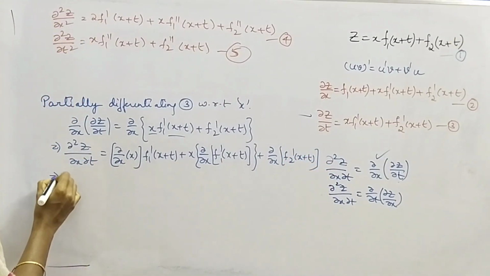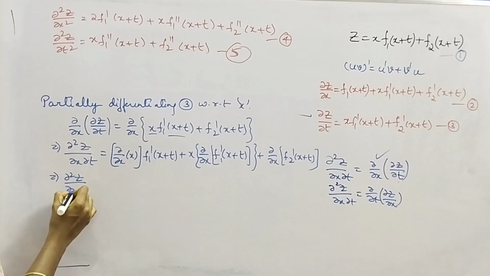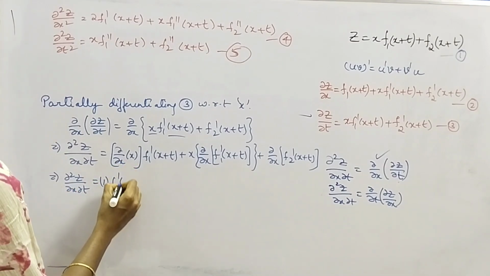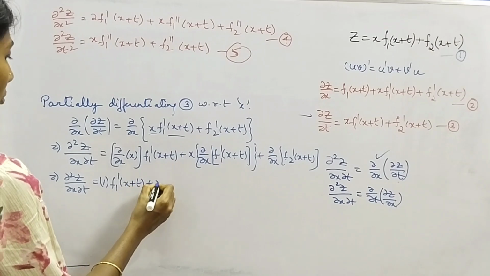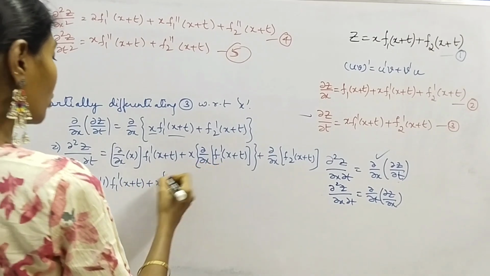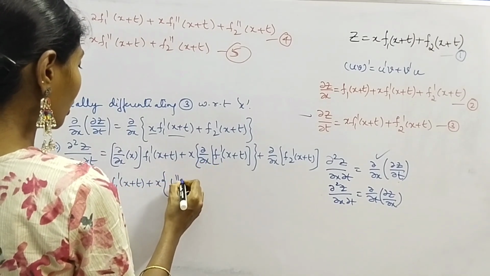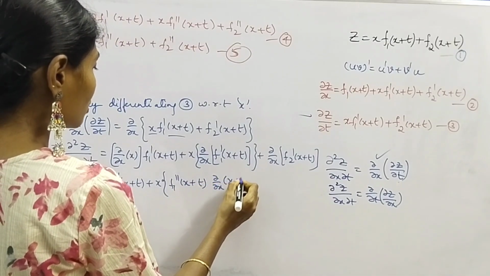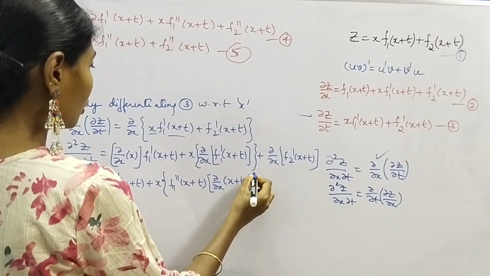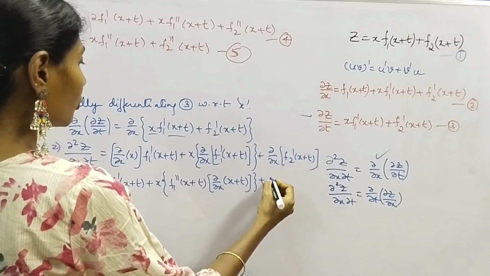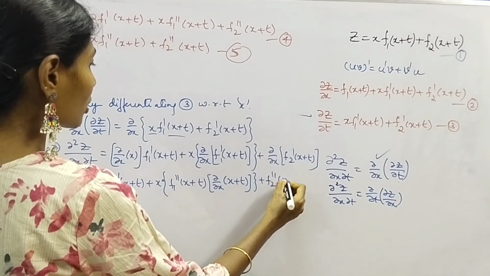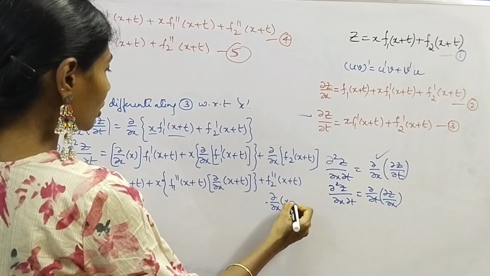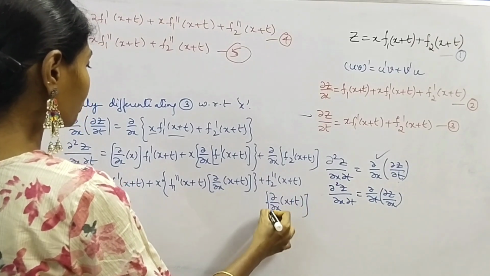right? This gives us ∂²z/∂x∂t equal to partial derivative of x with respect to x is 1 into f1 prime, plus x into partial derivative of f1 prime with respect to x is f1 double prime into inner derivative ∂/∂x of x plus t, plus partial derivative of f2 prime is f2 double prime of x plus t into inner derivative ∂/∂x of x plus t.